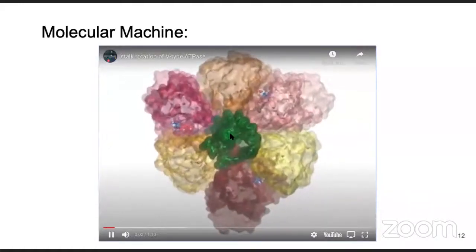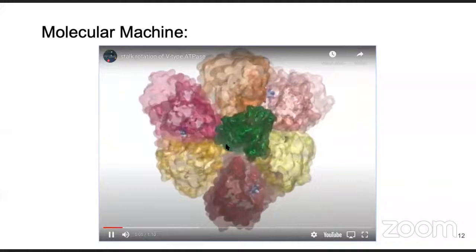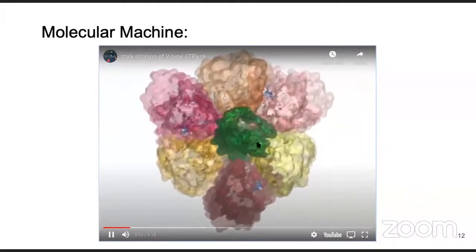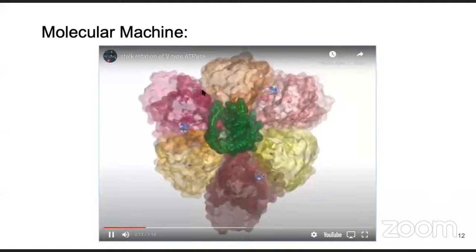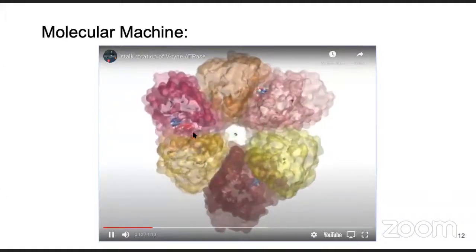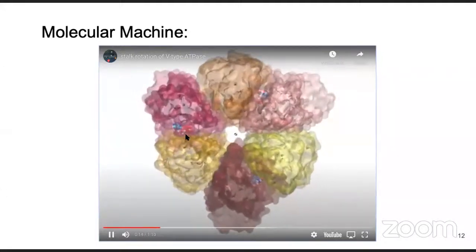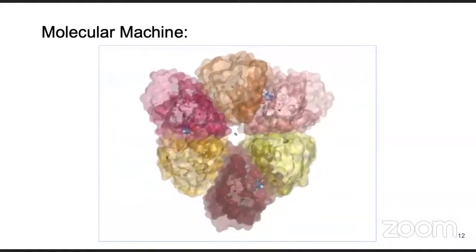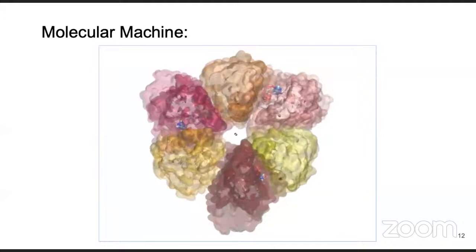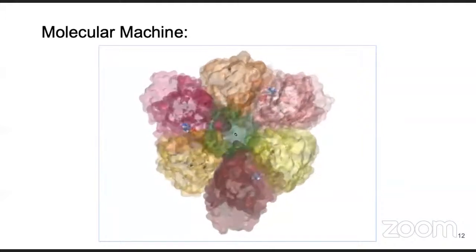So when they go through it, it drives the protein into a circular motion, and that then affects the surrounding proteins, which then allow for the ADP molecule to bind to a phosphate group and generate ATP molecules, right?